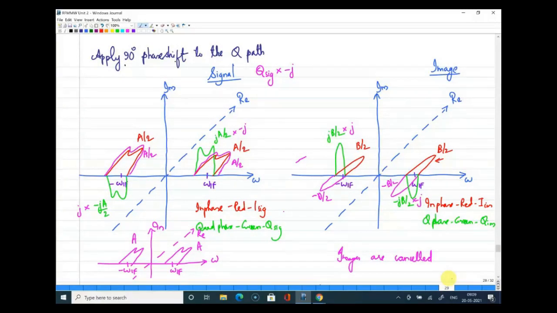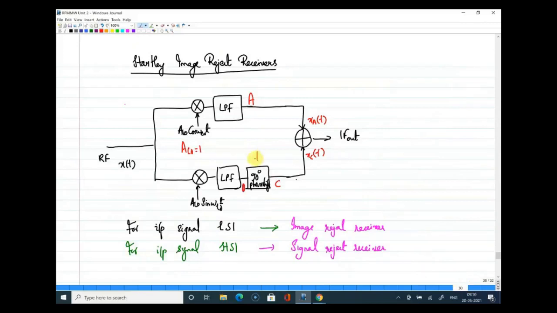In the practical case, we have to look at the exact quadrature between the LO signals coming to the upper arm and lower arm, and also at the components available, because for the phase shift operation we are using certain components, since we have another 90-degree phase shift operation. Typically this is done with the help of the previously mentioned RCCR network. So the cancellation of image totally depends on various other factors too.